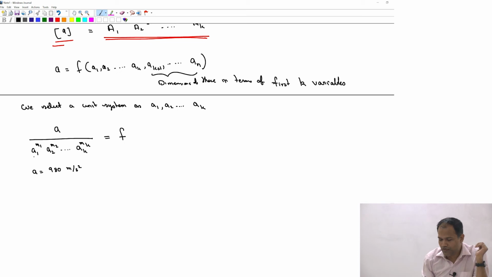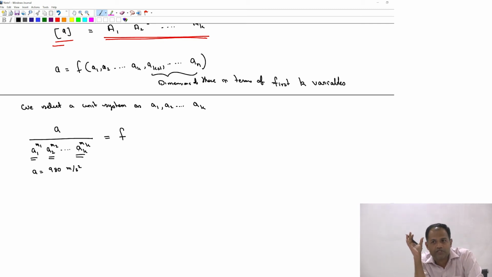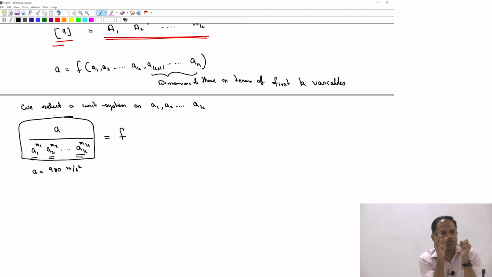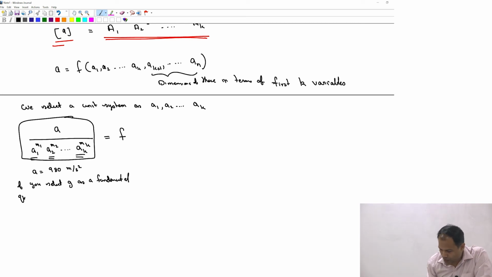Similarly, if you select A1, A2, etc. up to AK as the fundamental quantities in your unit system, then A has to be divided by each of those variables to get the number that you are looking for. Just the way if A is equal to 980 meter per second square, and you select g as a fundamental quantity, then your A is nothing but 100.